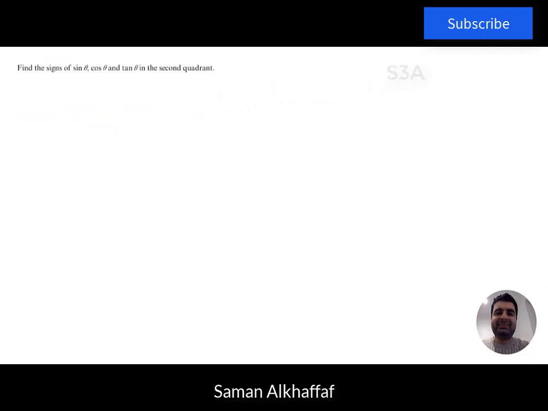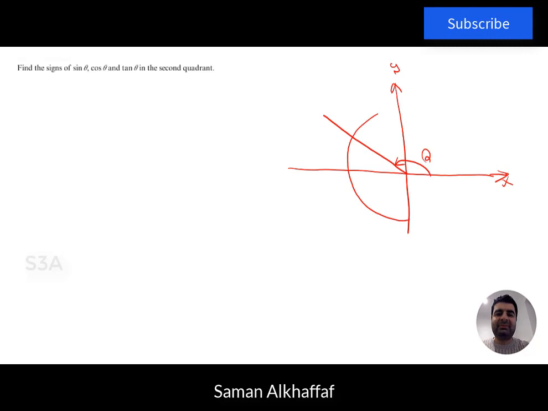In this example, we're asked to find the signs of sine theta, cosine theta, and tan theta in the second quadrant. So first we can draw our coordinates, which is the y and x axes, and we can take an angle in the second quadrant. It will be in this format, so the angle will be theta, and we can also draw our circle.